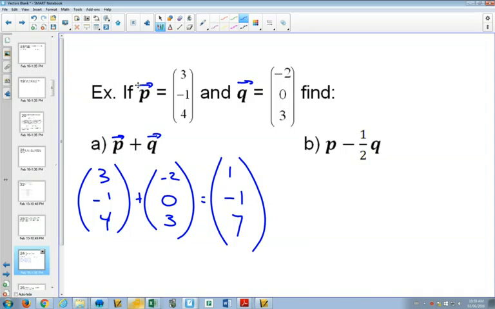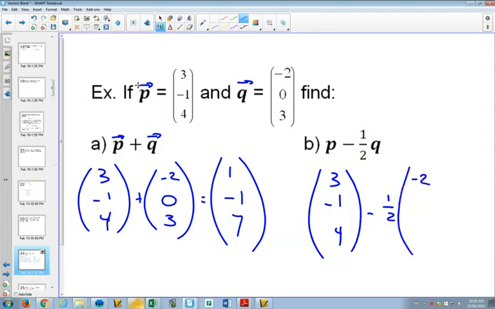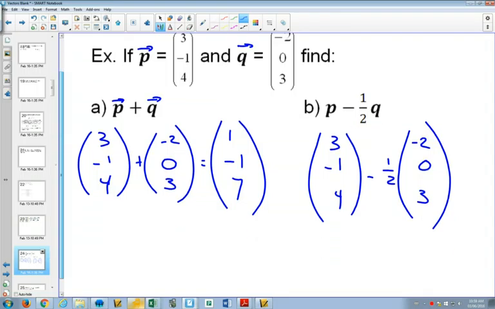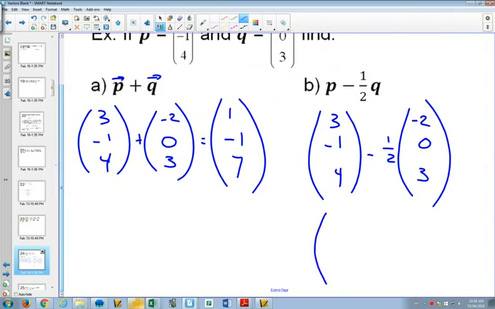And then in B, you can add scalars in front of things as well. So again, p is 3, -1, 4, and you want to minus 1/2 of q, which is -2, 0, 3. That 1/2 can go inside.